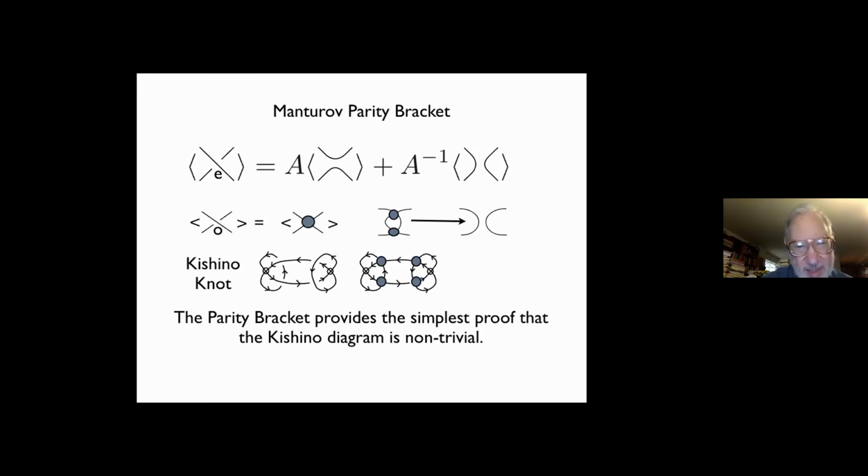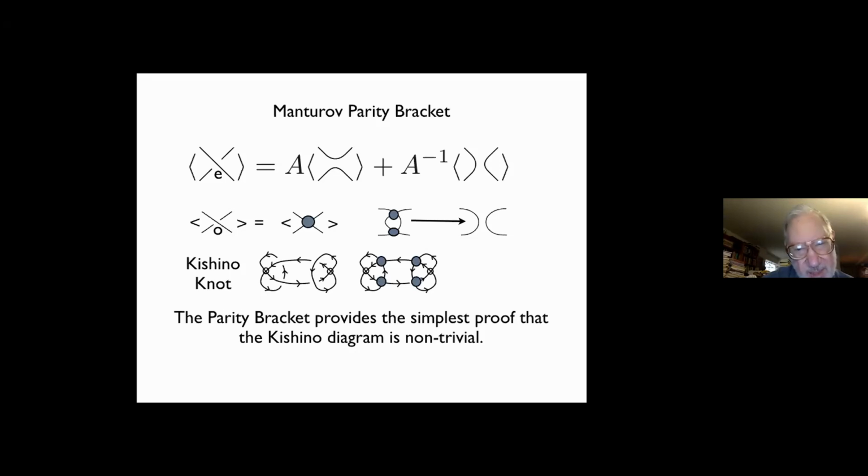And in this case, all you have to do is notice that all the crossings are odd, and they are if you count. And so they all get nodes. And then you look at this graph and you realize that there aren't any reducing 2 moves. And so that's it. That graph on the right of the diagram is the parity bracket of the Kishino knot.